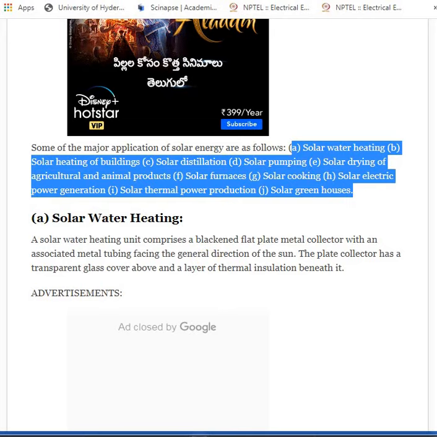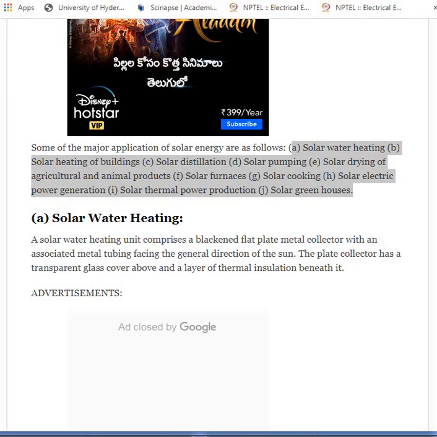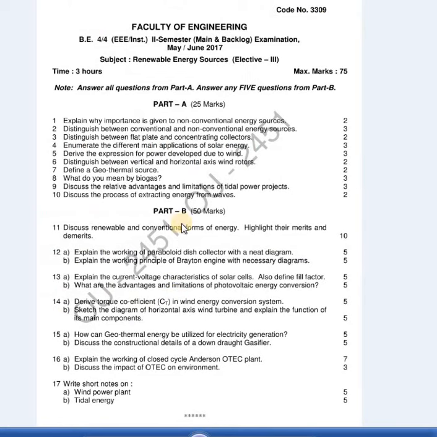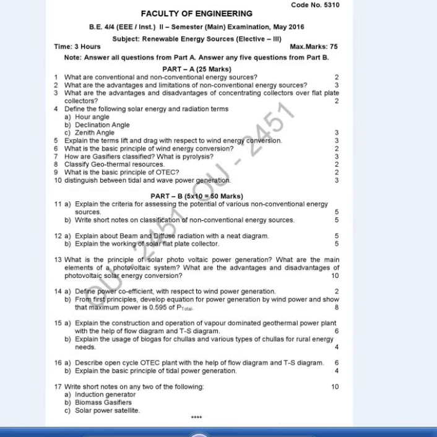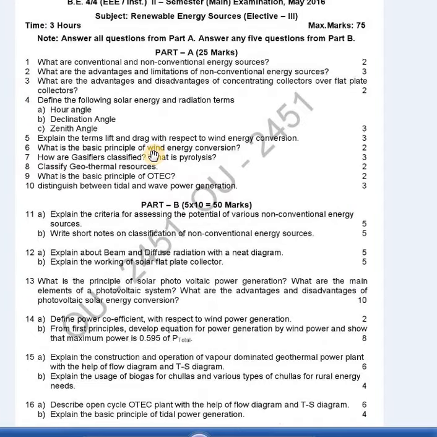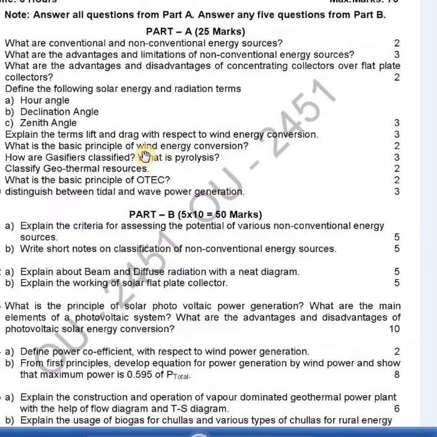Then the next one we have is parabolic dish collectors. The next is disadvantages of concentrating collectors over flat plate collectors, hour angle, declination angle, and zenith angle. What are the different angles being used? And here you have beam and diffuse radiation.